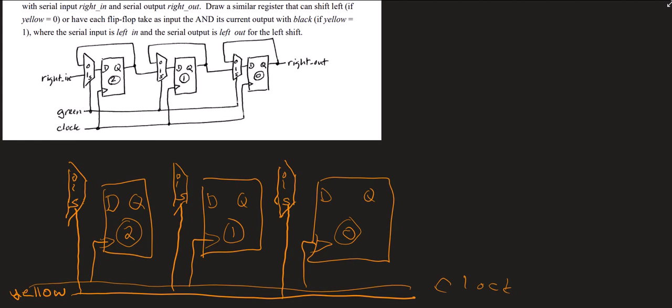So flip-flop 0 is going to go over into the 0 terminal of that multiplexer.